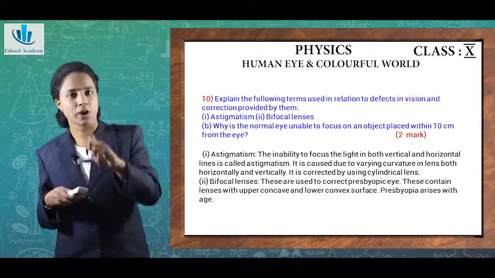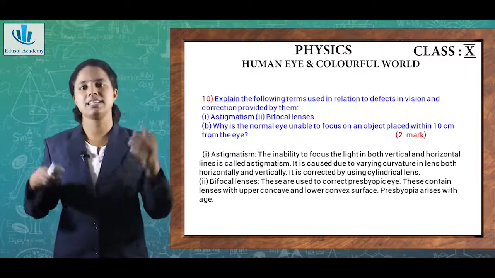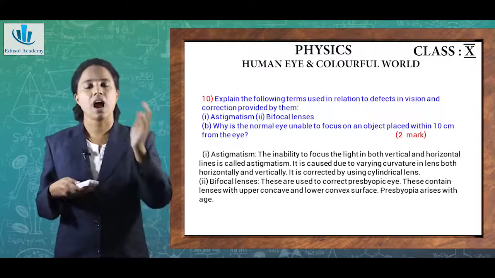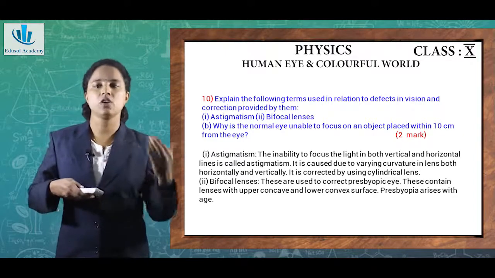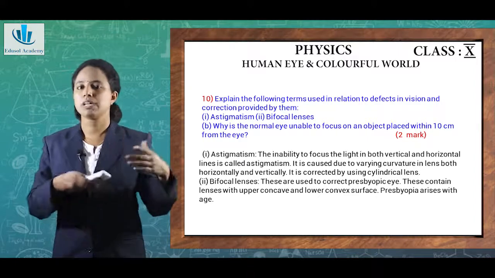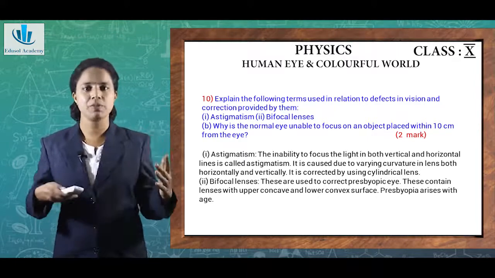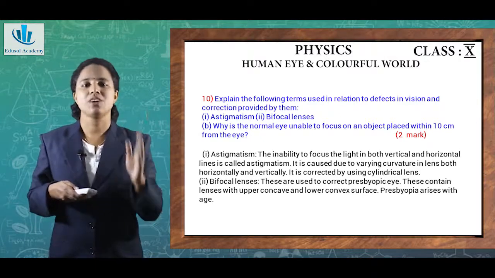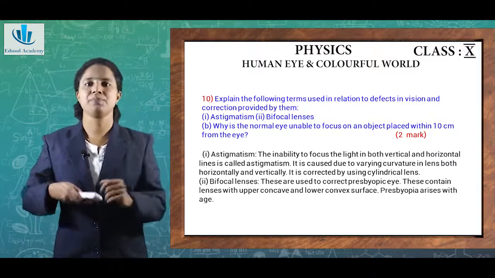So, there will be both a concave as well as a convex lens that is joined together. So, a bifocal lens will contain the upper as concave and the lower as a convex surface. So, presbyopia arises with age, isn't it? So, in such a case, we will be using bifocal lenses to correct presbyopic eye.